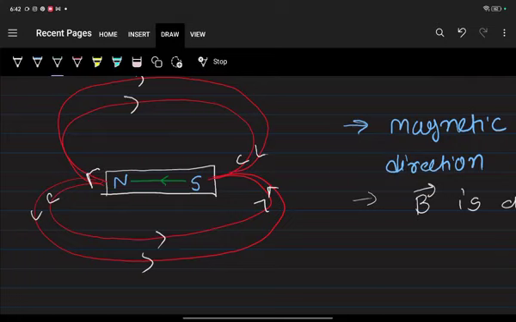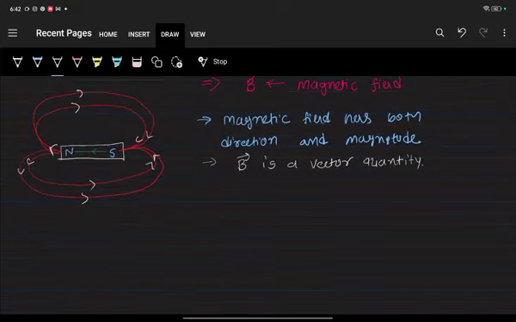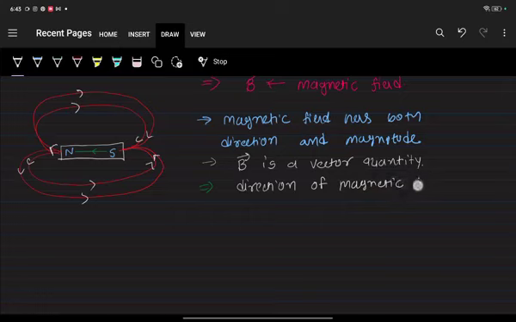So let's write all this down that we have just discussed. The magnetic field has both direction and magnitude. Magnetic field is a vector quantity. The direction of magnetic field is taken to be north to south pole.